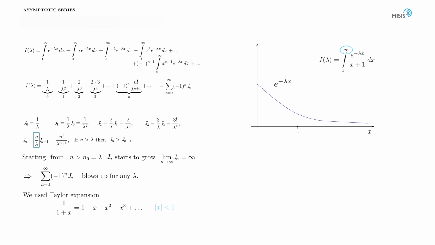But still, the upper limit of the integral is plus infinity. But the Taylor series is convergent for modulus x smaller than 1. So the segment from 1 to plus infinity is forbidden for integration. Yet we integrated, because all our integrals were convergent, so why not? But this is precisely the reason why we got the divergent series in the end.